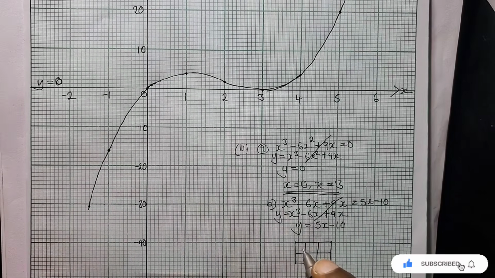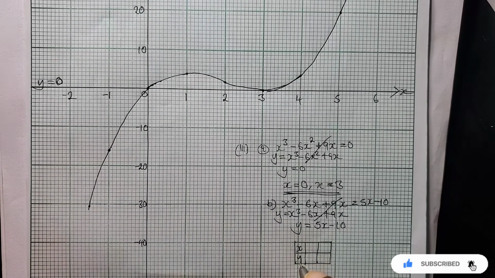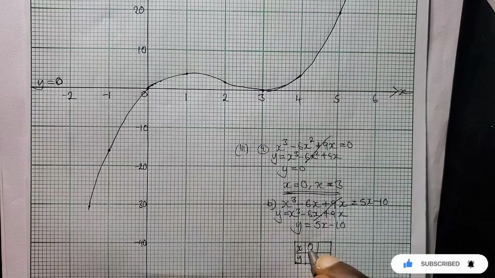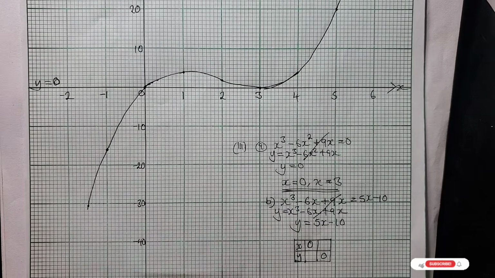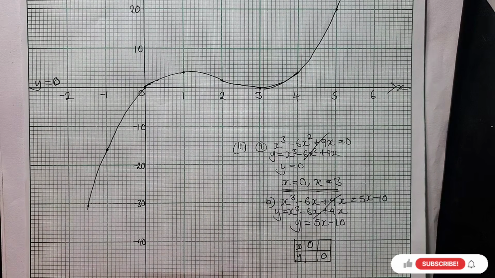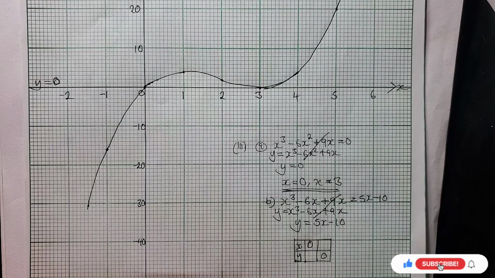So here we're going to indicate x, here y. Let's put 0 here and here for the value of y 0. So you should be solving like this when you're given a question. This is even easier.